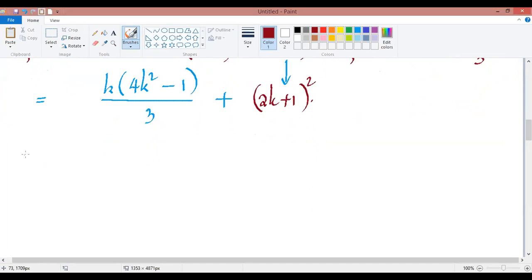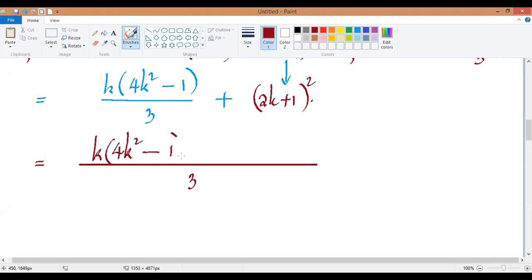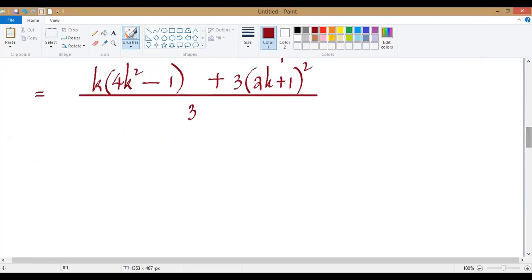So where we are now, obviously someone should be able to notice that we have an LCM of 3. When you take 3 as the LCM, you will obtain k into 4k squared minus 1 plus 3 into 2k plus 1 all squared.